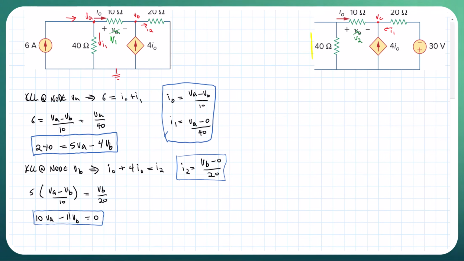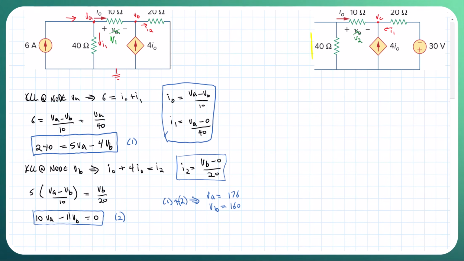So now we have equation 1, equation 2. Okay, if we combine equation 1 and 2, we're going to come up with a value of VA equals 176 and VB equals 160. Okay, let's keep that on the side. But the thing is, we're not asked to solve for VA or VB.